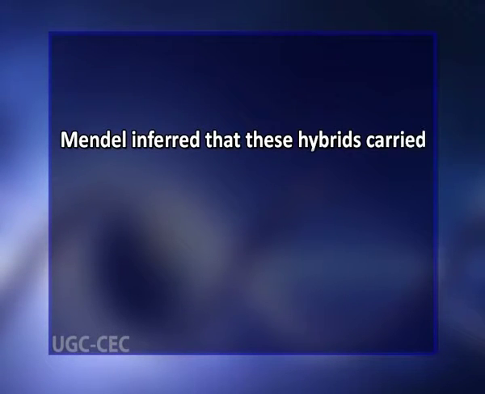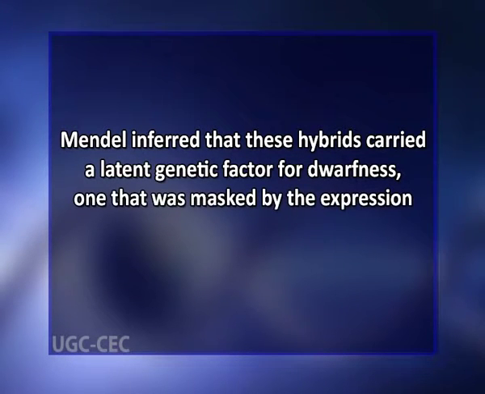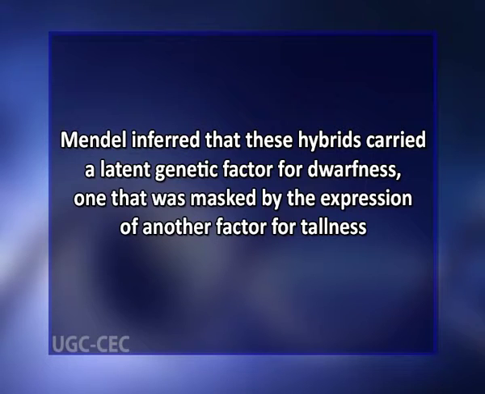Mendel was struck by the reappearance of the dwarf characteristic. Clearly, the hybrids that he made by crossing tall and dwarf varieties had the ability to produce dwarf progeny, even though they themselves were tall. Mendel inferred that these hybrids carried a latent genetic factor for dwarfness, one that was masked by the expression of another factor for tallness.